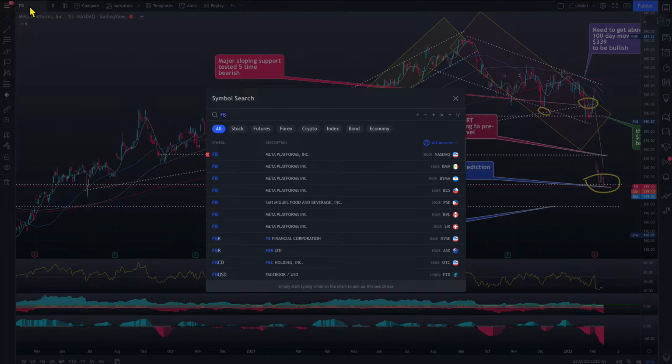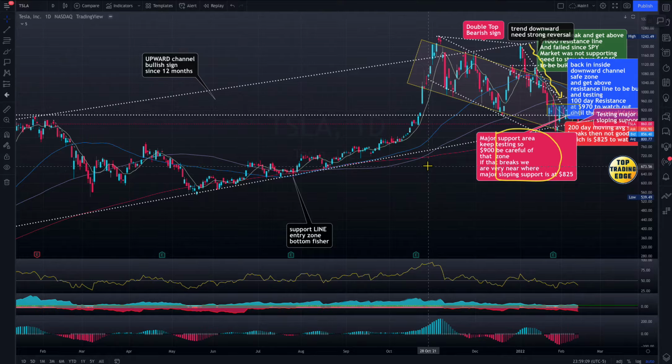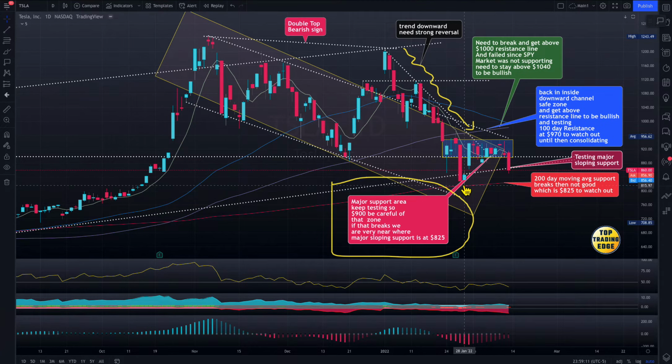Same thing. What else? Many people asking about Tesla, and I said Tesla is gonna break. It's testing this support. People believe in hope. Remember the other day, day before yesterday, Kevin bought two. I don't know what his plan is, but it's breaking the support.